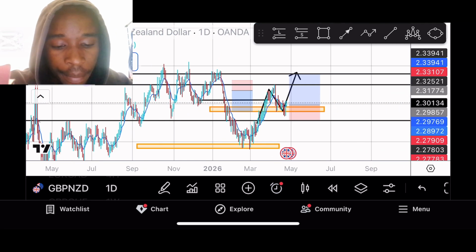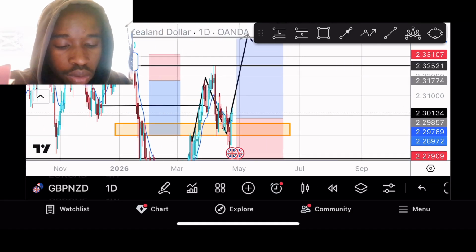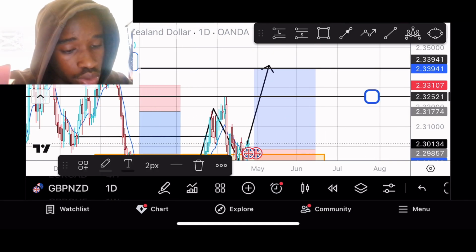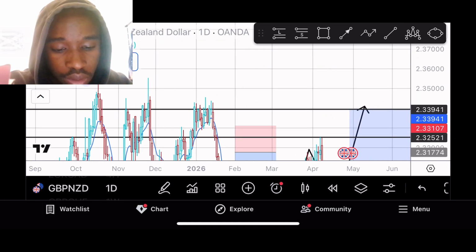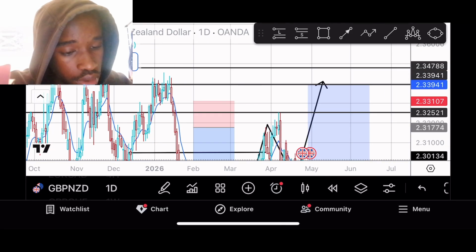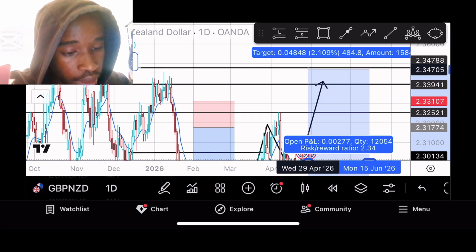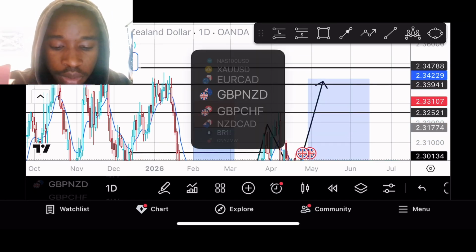We're too much on the upside, so price isn't going to give us that 2-to-1 that we're looking for, but it's close enough to a 2. I don't want to overdo it. This is going to be a risky trade, because if you don't exit on time, you might become a victim of change of market structure. So that's the GBPNZD.